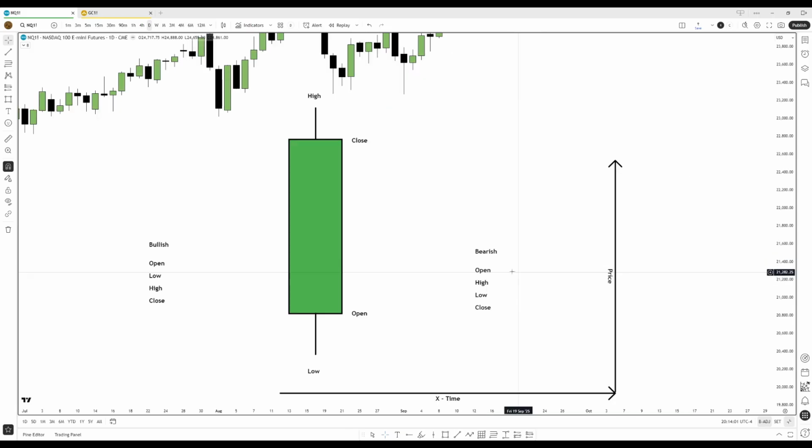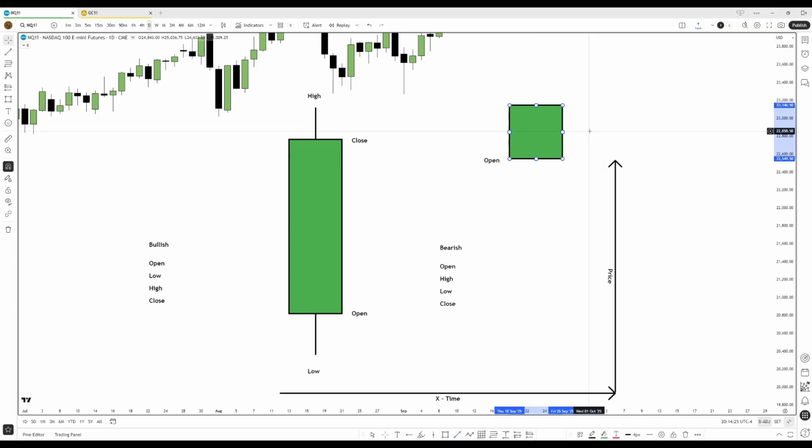Now, same idea for the bearish candle. Okay, so you have the open of the price of the candlestick, open. Now it starts moving up. It creates the high. And then once it starts pushing back down, it creates the tail, right?